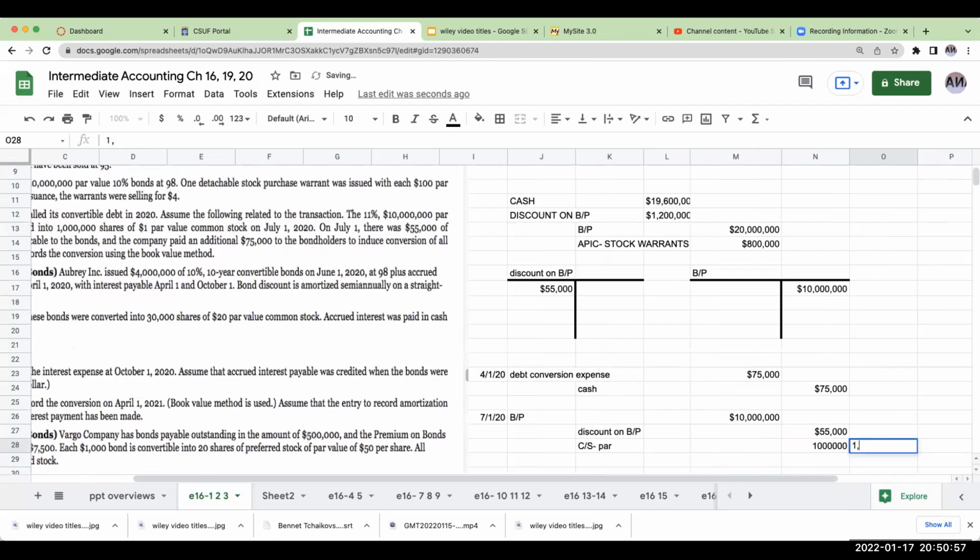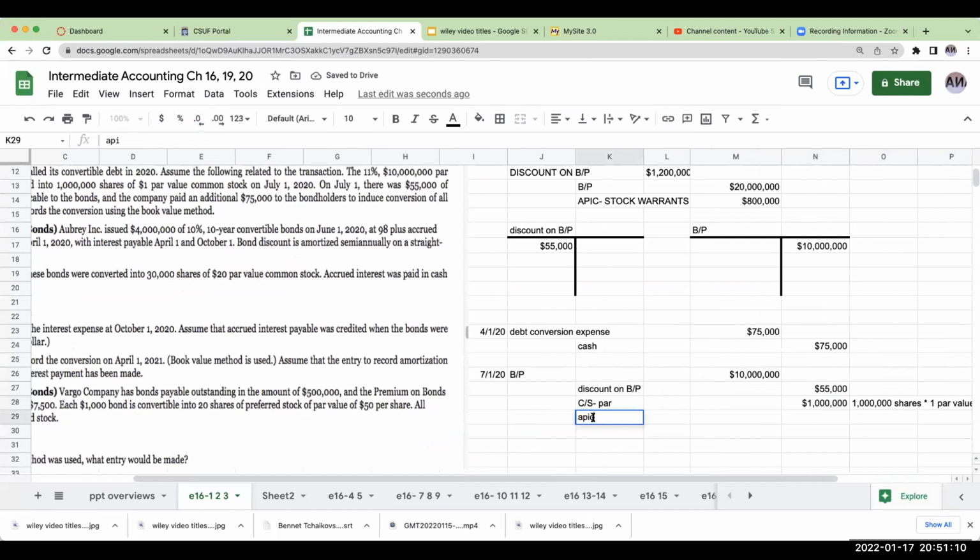So this is going to be 1 million shares times $1 par value per share. And now to balance this equation out, I'm going to have additional paid in capital common stock. This is going to be the 10 million minus the 55 minus the million. So that's how I go through and do the conversion.